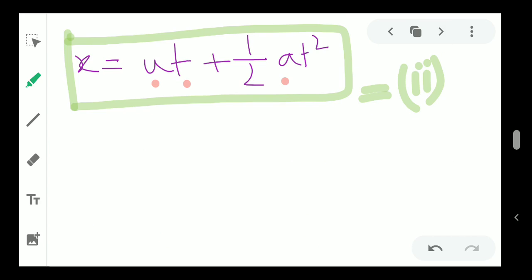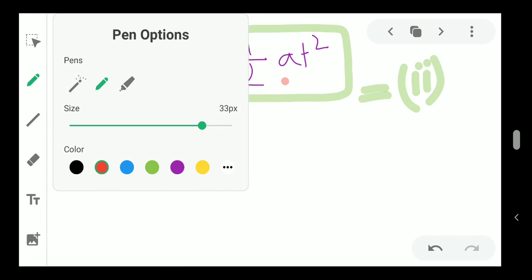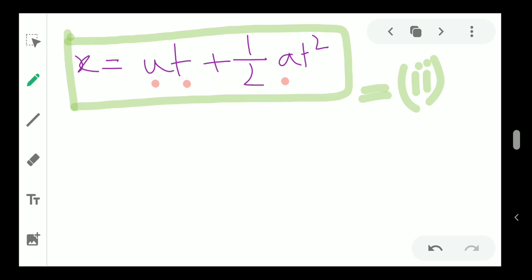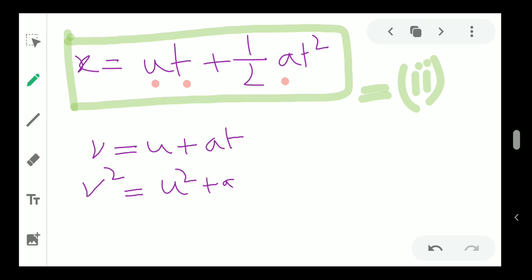So let us start with our first equation of motion, because it is the simplest one. So v is equal to u plus at. First you have to remember it, because I have to square it on both sides. So u square plus a square t square. Now you can ask me, sir, why are you squaring it?